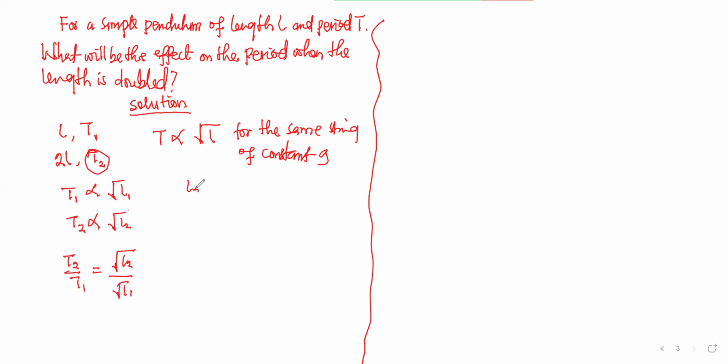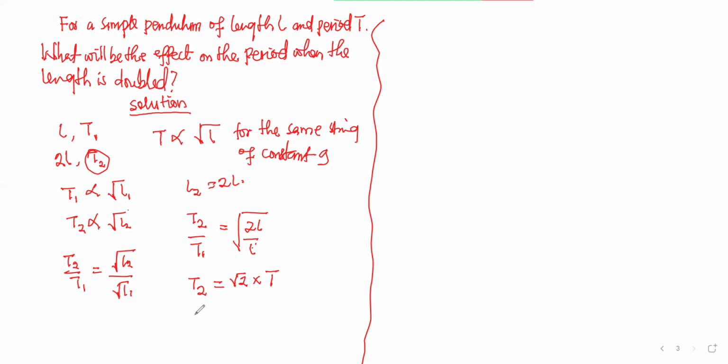Meanwhile, L2 is equal to 2 times L1 or L. Therefore, T2 over T1 is equal to square root of 2L over L, and the second period will be equal to root of 2 times T, the period when the length is L.